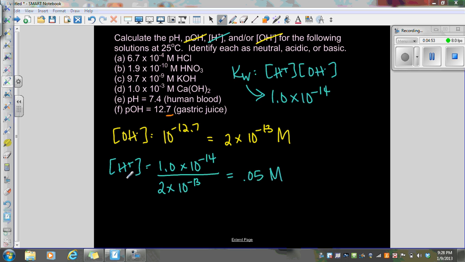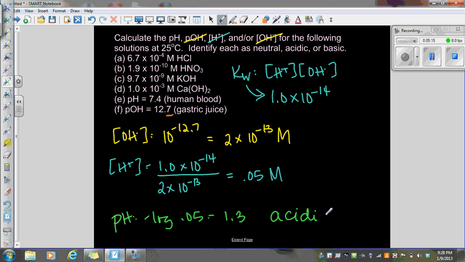Now I want to calculate pH. pH is negative log of my hydrogen ion concentration. So negative log of that number of 0.05 is 1.30. I have 1 sig fig here, so I need one number after the decimal. If I look at that pH, it is acidic, which would make sense since it is stomach acid.